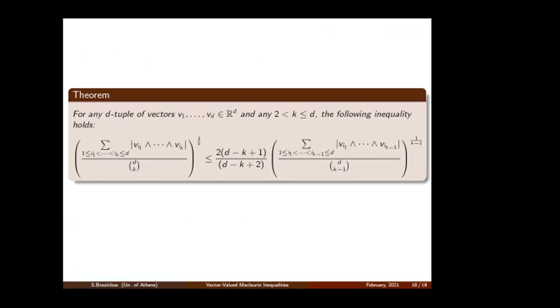So we can show that for any tuple of vectors, the following inequality holds, and now we have here the sum of the k-fold wedge products over d choose k to the power of 1 over k, and we lose exactly the constant that we lose from the previous theorem. And so we can prove the vector valued Maclaurin inequality, but not with the expected constant, which is 1.